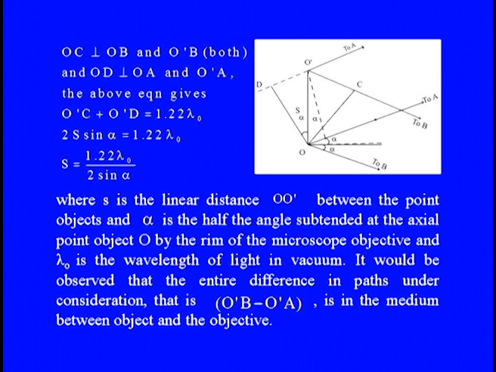It would be observed that the entire difference in paths under consideration, that is O prime B minus O prime A, is in the medium between objects and the objective. The above equation gives the linear distance S between the just resolvable objects.